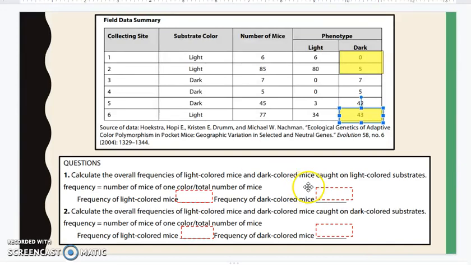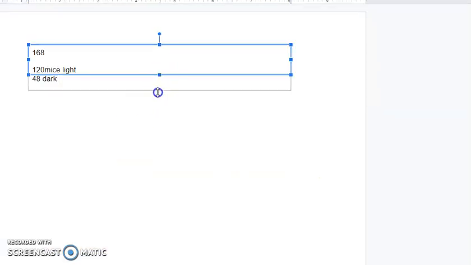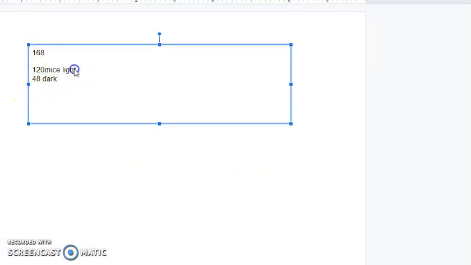So now the question asked us about the frequency of light-colored mice and the frequency of dark-colored mice. So I'm going to take this 120 light-colored mice, and I'm going to divide it by the total. And that'll tell me the frequency, or how often, or how much of the population was light color.